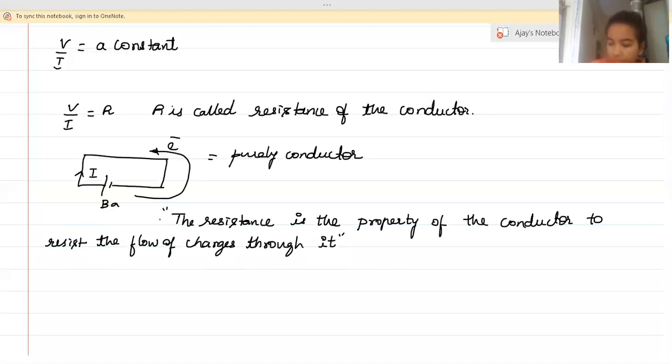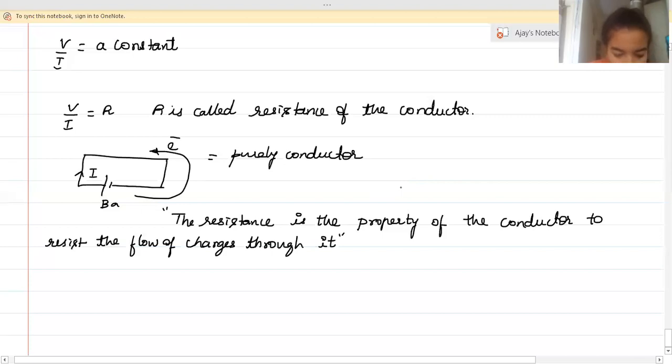Down Ohm's law in the textbook, the last line they have given: it is the property of the conductor to resist the flow of charges. Can you find it?